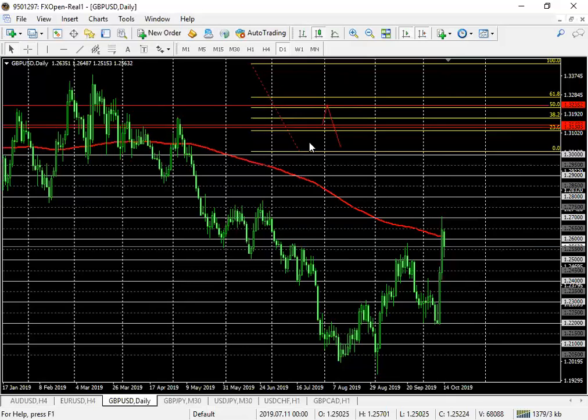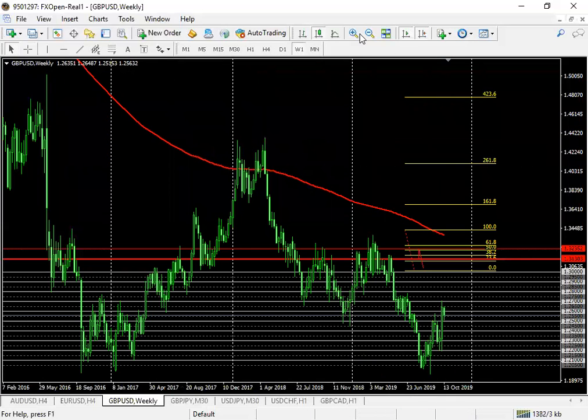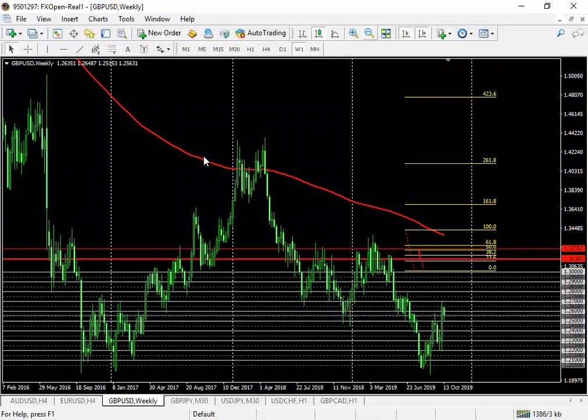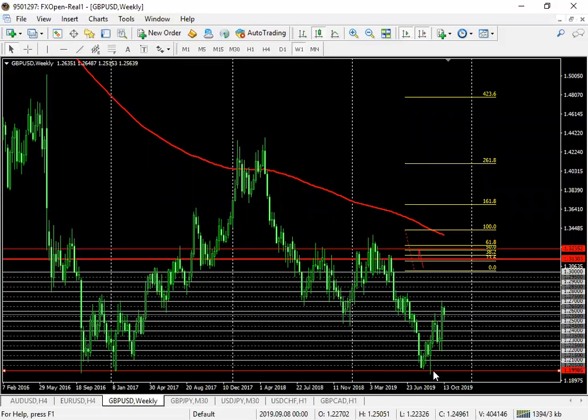Now, our bias formed has been short on the GBP USD. The only thing that we've seen is this swing lower, 2050. So this 2000, this is where we initially saw some resistance.